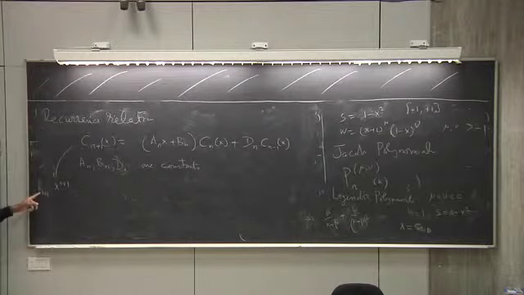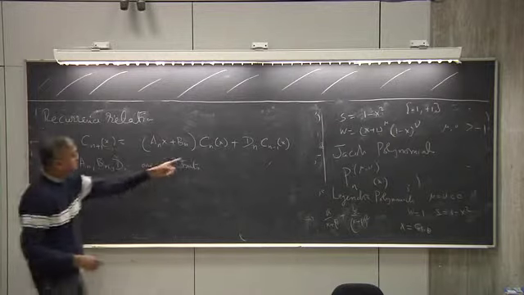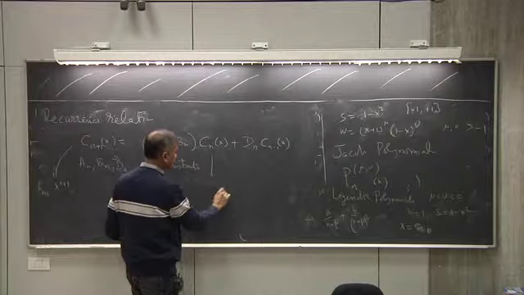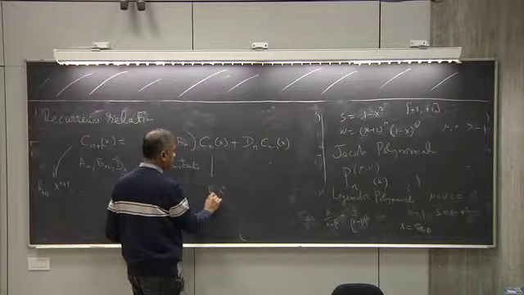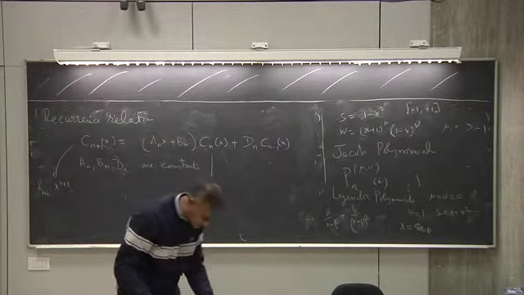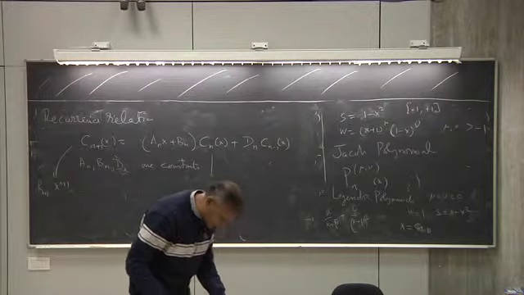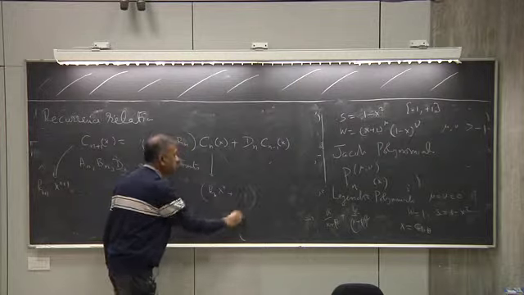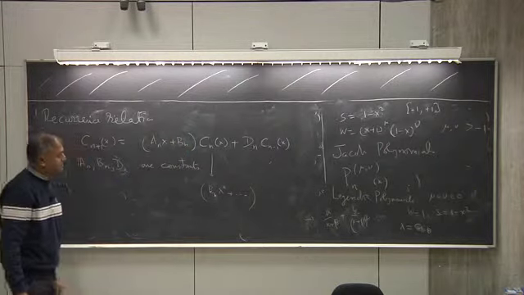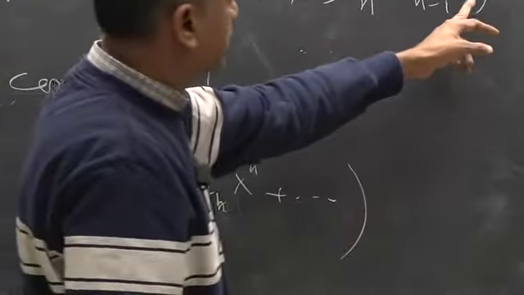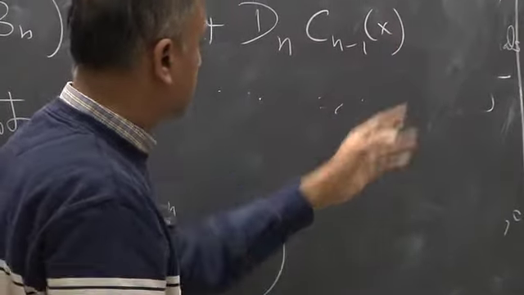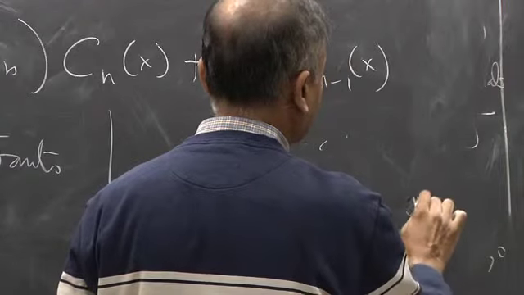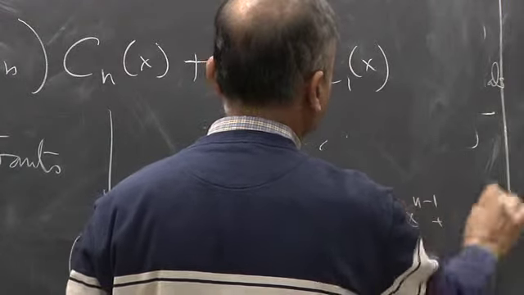Similarly, Cn is an nth degree polynomial, so it will contain a term like x to the n times some coefficient kn, plus the lower terms. This one starts with x to the n minus 1, so this one will have k(n minus 1) x to the n minus 1, and lower terms.